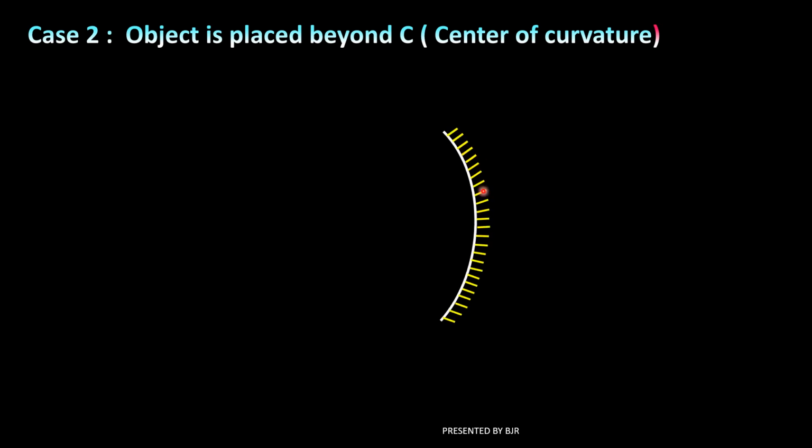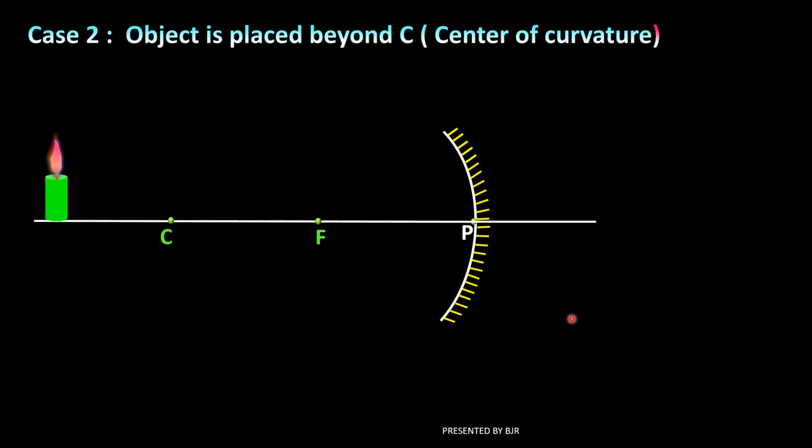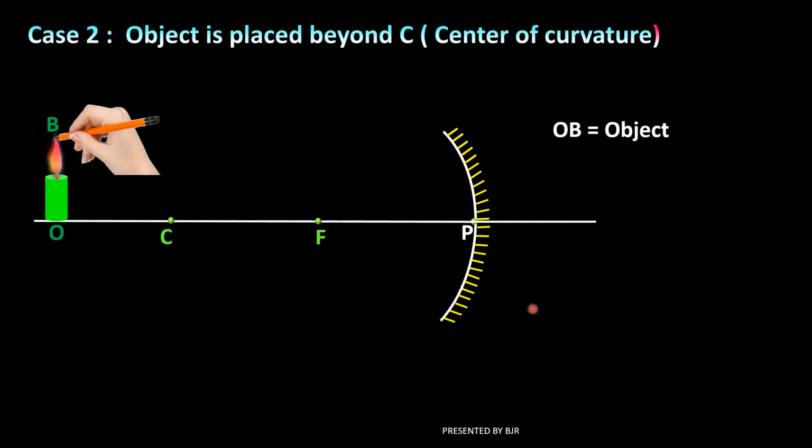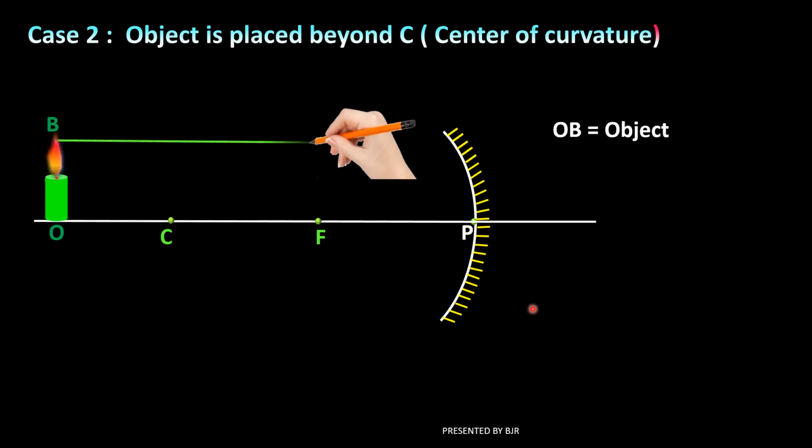This is the symbol and everything is same. P, C, F, principal axis, and here is the object, OB is the object. This is the first ray I am drawing. Let us draw the first ray, ray 1.